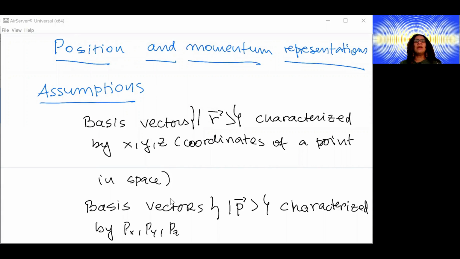And so hopefully this is going to clarify the issue a lot of you were struggling with, which was related to the question, why are kets in state space more general than wave functions? So we're going to start, and we're going to talk about position and momentum representations.